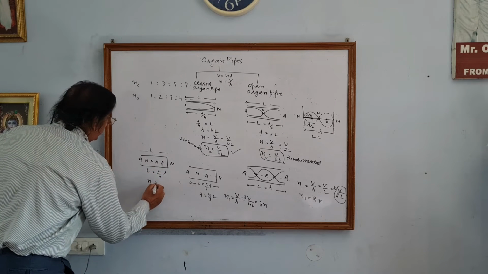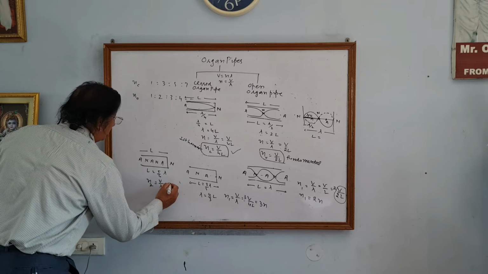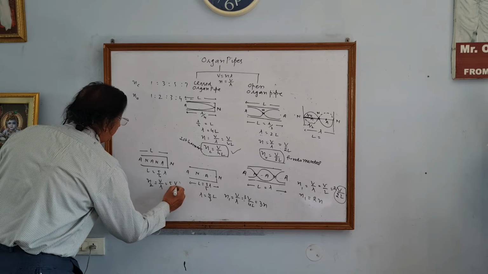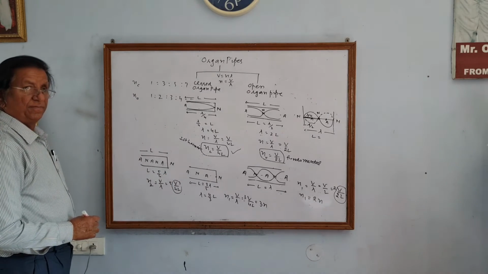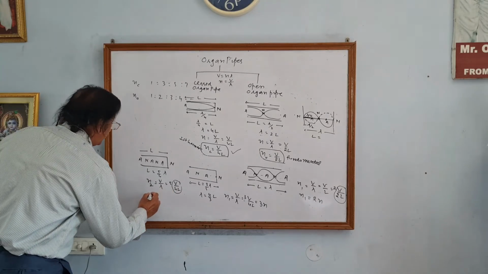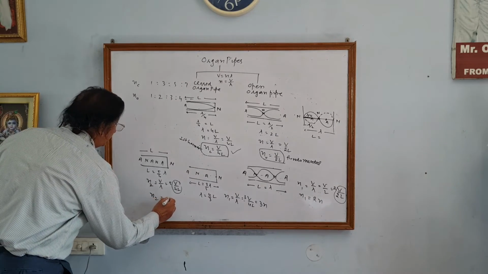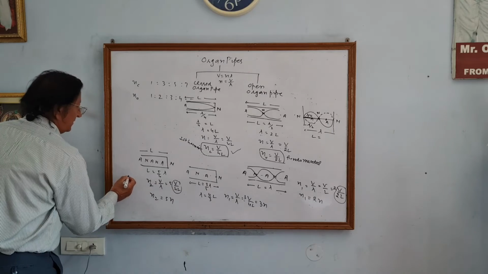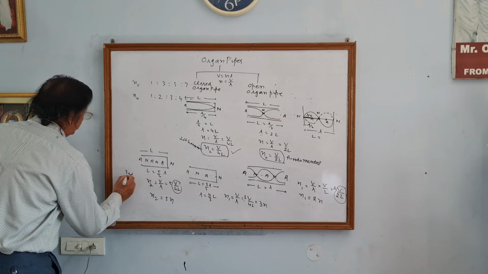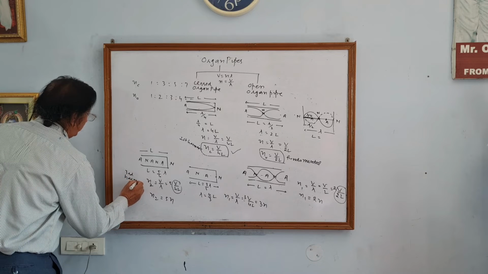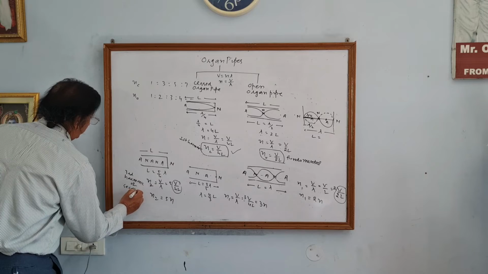Frequency will be which is V by lambda will be 5 times V by 4L. So this will give you 5 times fundamental. This is third harmonic, third higher note, or second overtone.